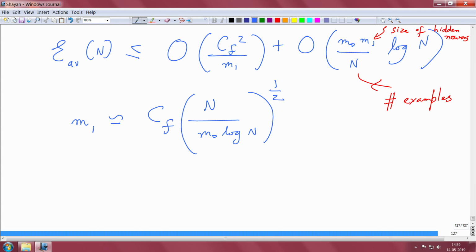That there is a dependence on the rate of this error and the input dimension, right.